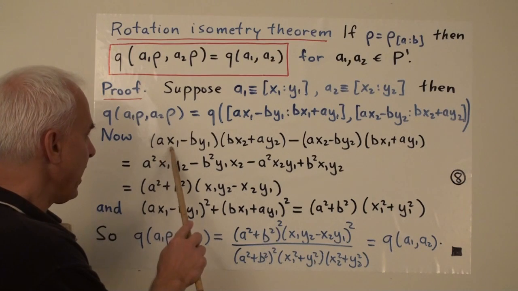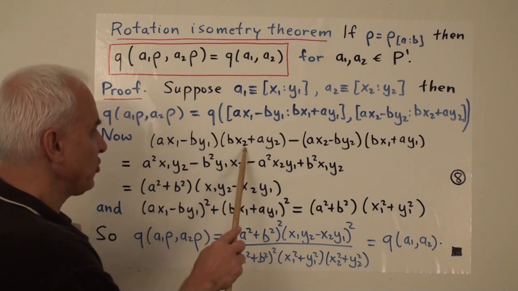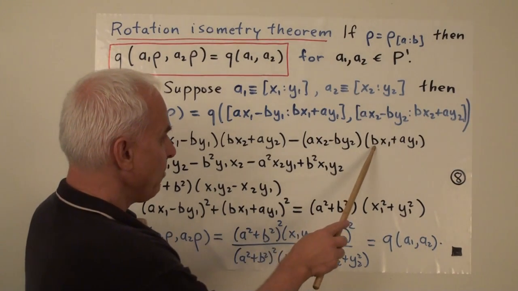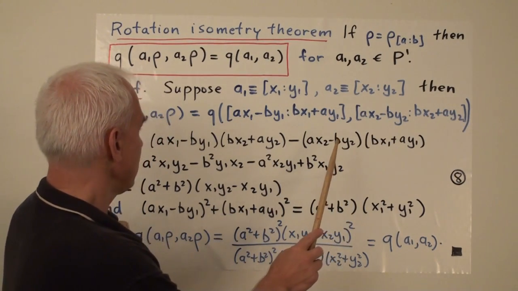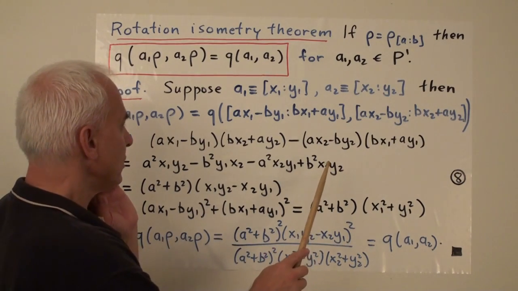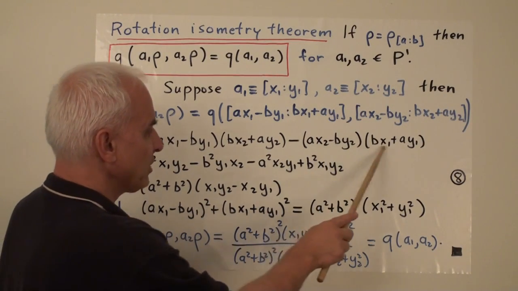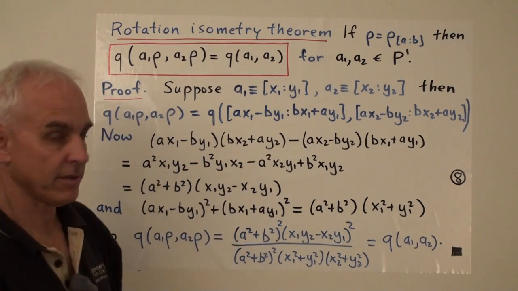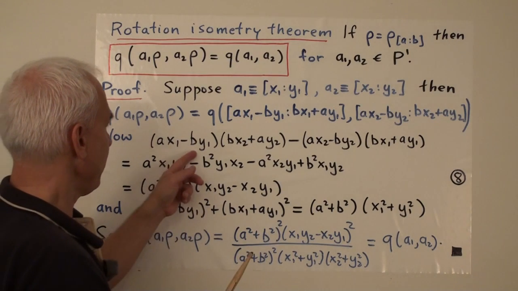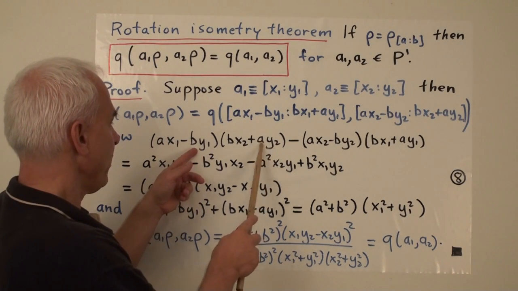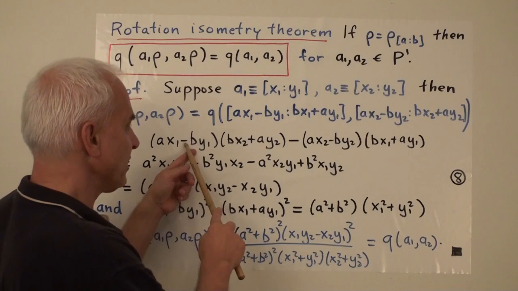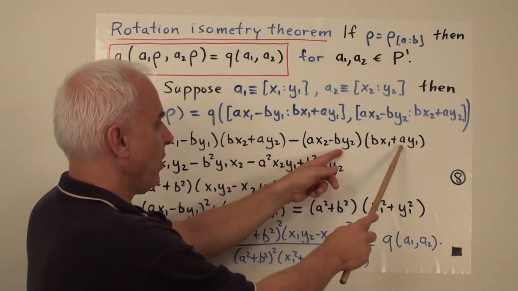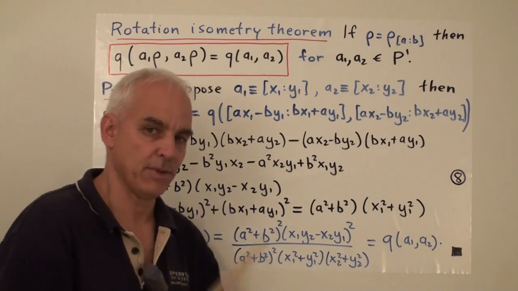For example, AX1 times BX2 with a plus sign, but that will be cancelled with the BX1 times, what did I say? AX2, yes. So the BX1 times AX2 will have a minus sign over here, a plus sign over here, and they will cancel. And similarly, the Y1 and the Y2 term here, with an AB, Y1, Y2 with a minus sign here, and over here, Y1, Y2 with an A and a B, with altogether a plus sign over there, so they will cancel.